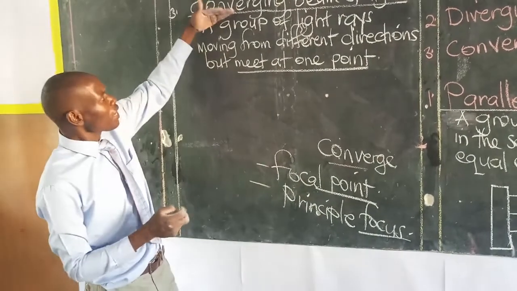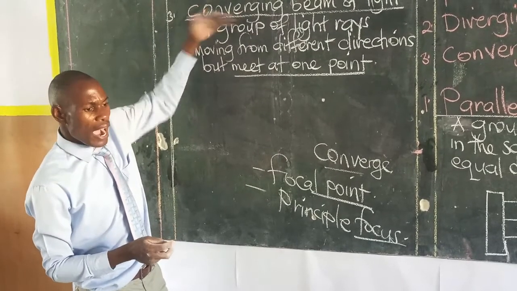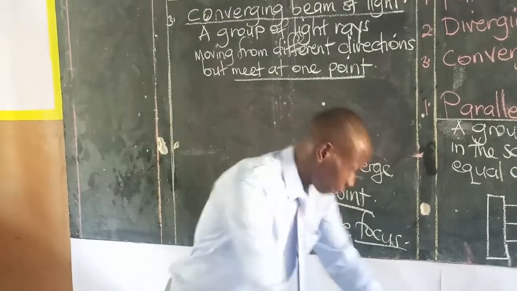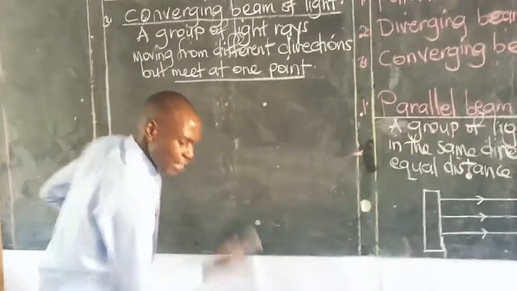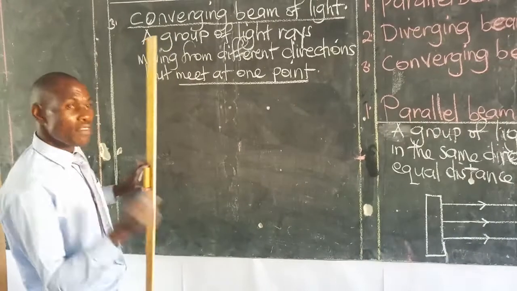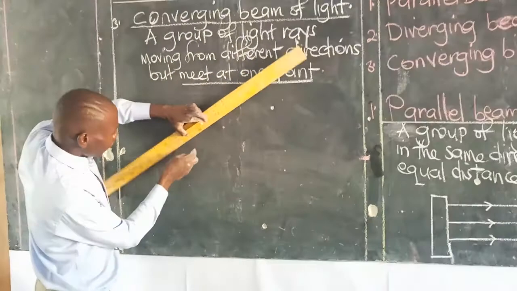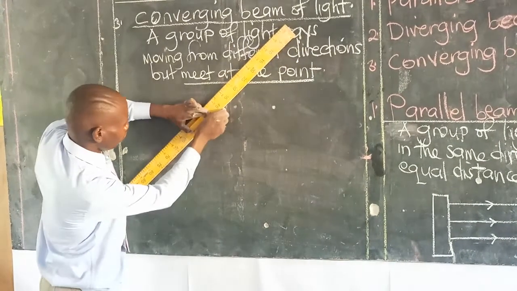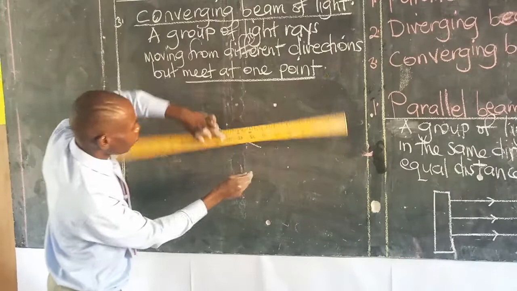Now, how do we draw a converging beam of light? We can draw it in a simple way. We can draw a converging beam of light by just drawing light rays coming from different directions.